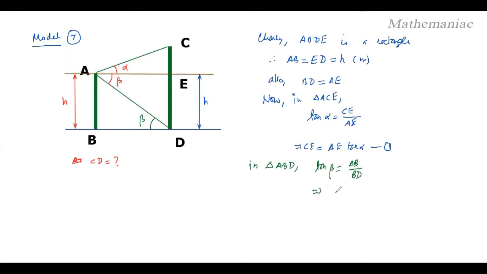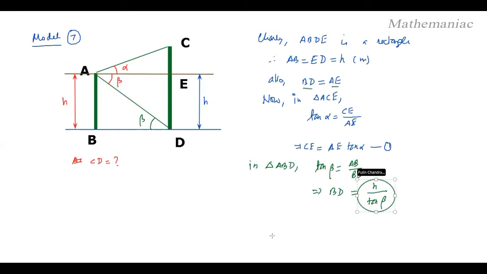That gives you BD. I need here BD. Remember it, because BD and AE are same, and in equation one I need AE. That means I can find BD. So this is going to give me H by tan of beta. Now here in this particular H by tan of beta, see everything is known.